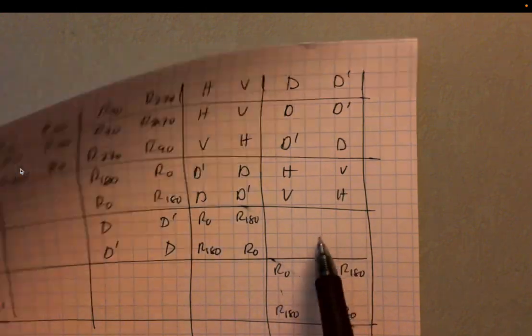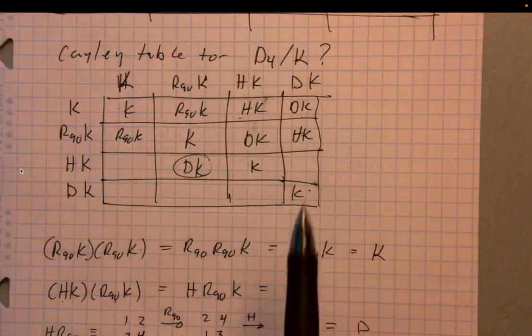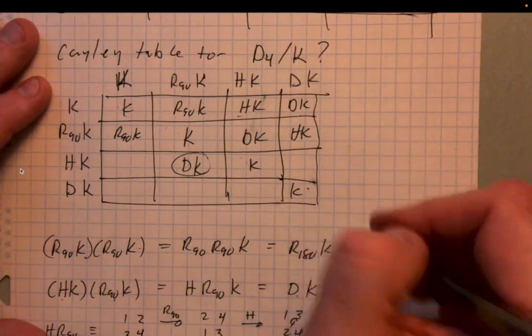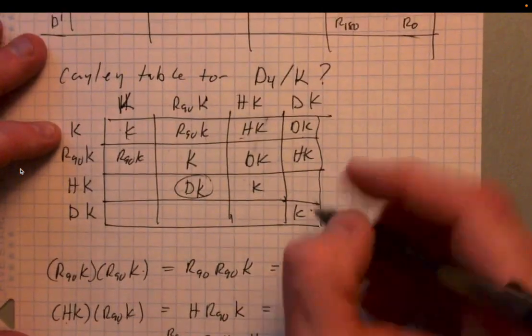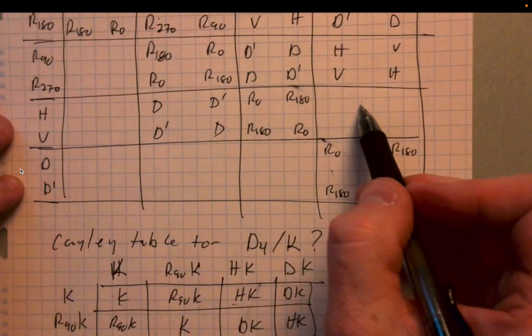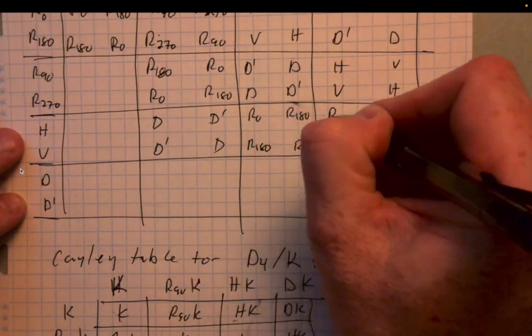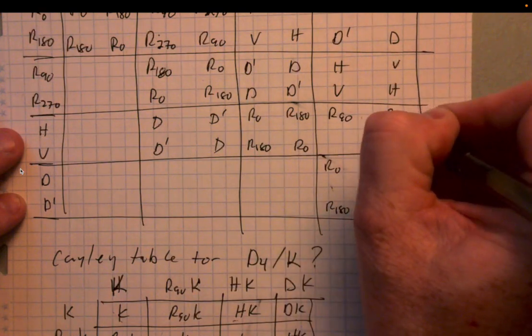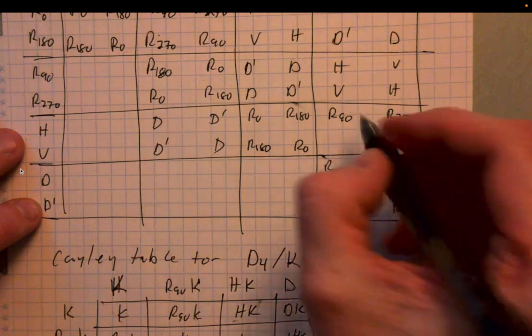Now what is this guy going to be? Well, let's look down here. HK and a DK. What do you get when you combine HK and DK? Well, you just have to do the same thing that we did below here, but what you'd find is that that's an R90K. So that means up here, I better get R90K, right? So that's an R90, R270. Just remember what's in that coset, R90K. It's R90 and R270.